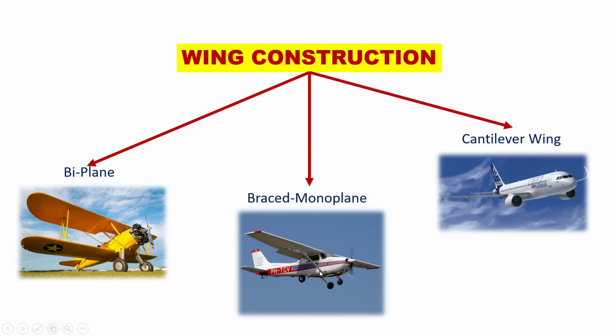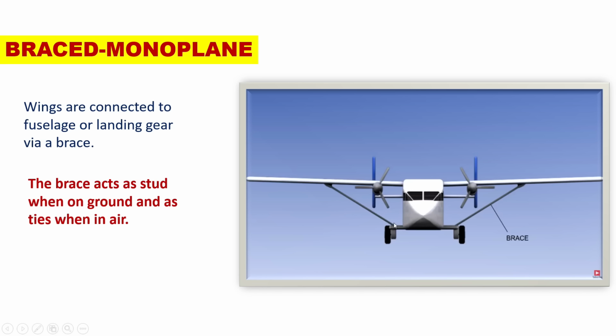Either it is attached to the fuselage or to the landing gear, obviously to give extra strength. And the brace, this bold line, is important. The brace acts as a strut when on ground, and acts as a tie when in air.